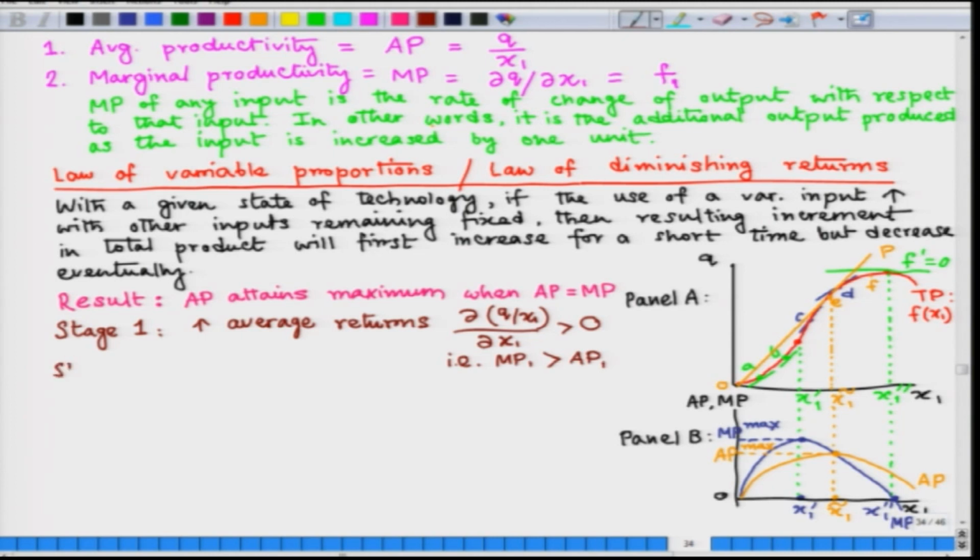Then comes stage 2, and that is known as decreasing average returns. And then comes stage 3, the last stage, and there we see a phenomenon known as negative marginal product.